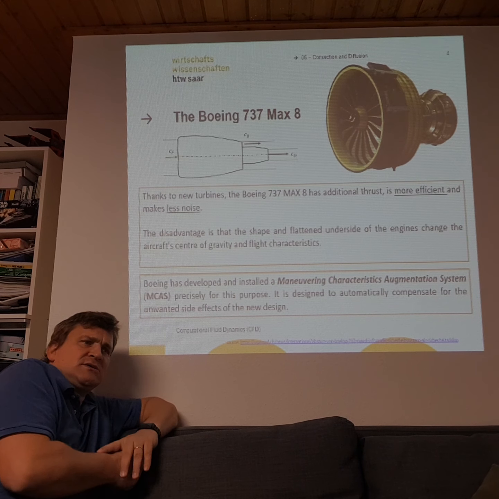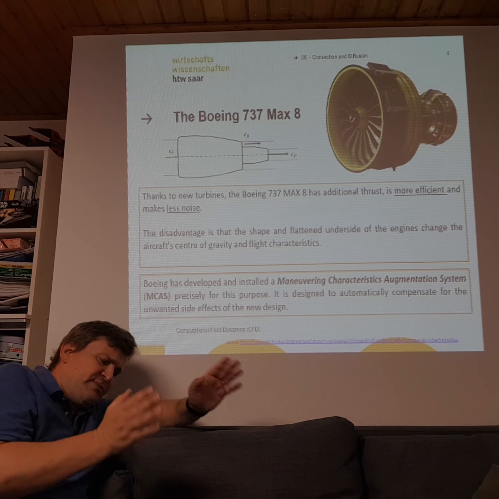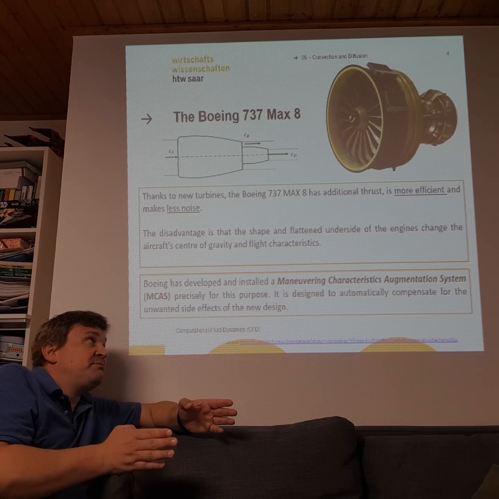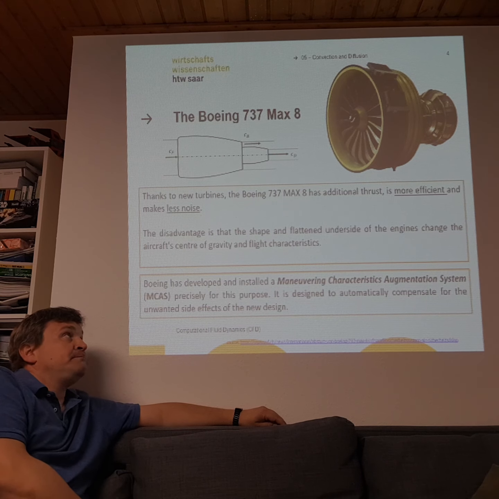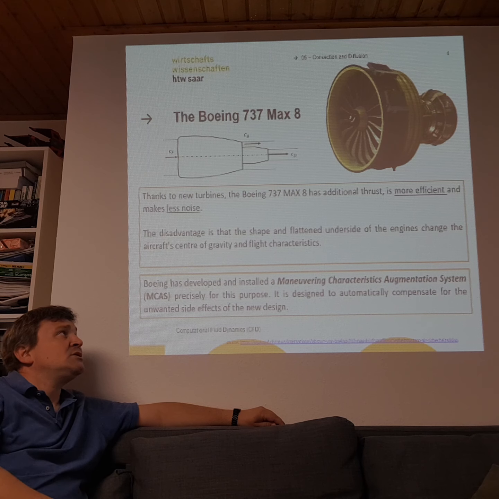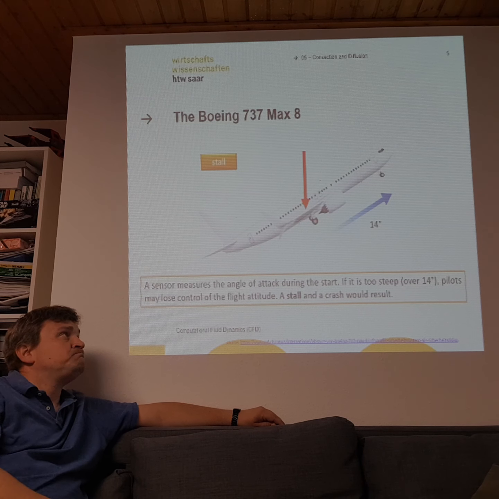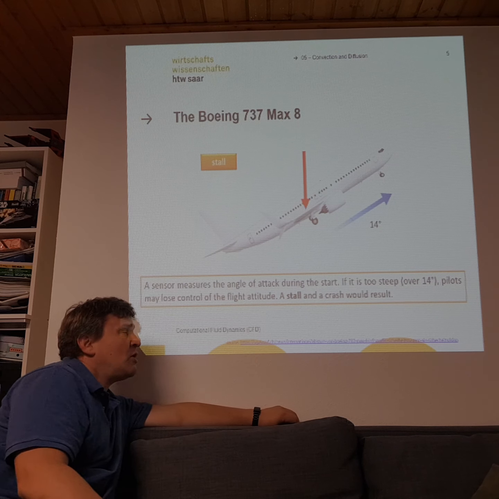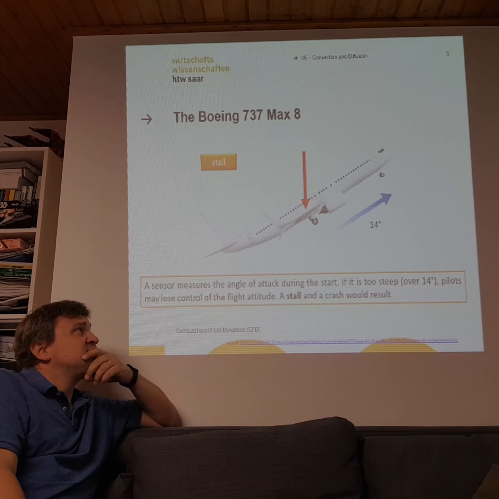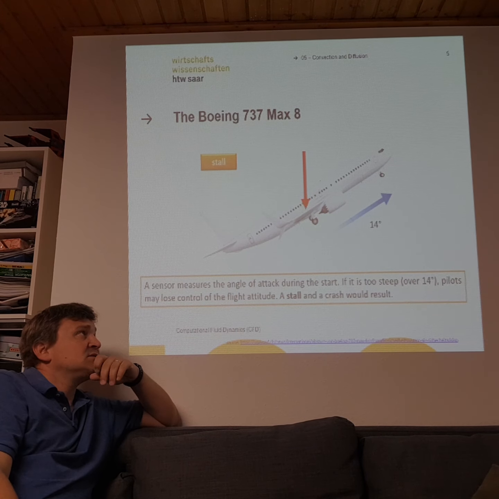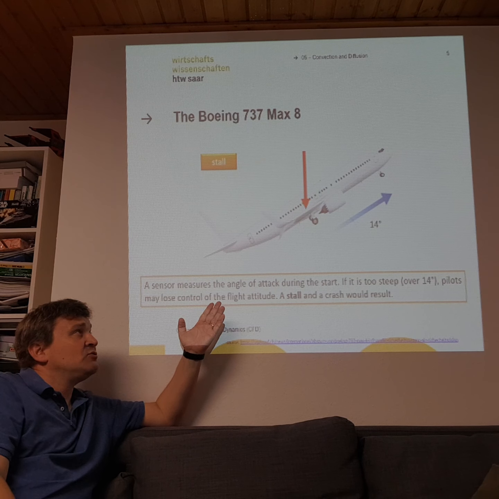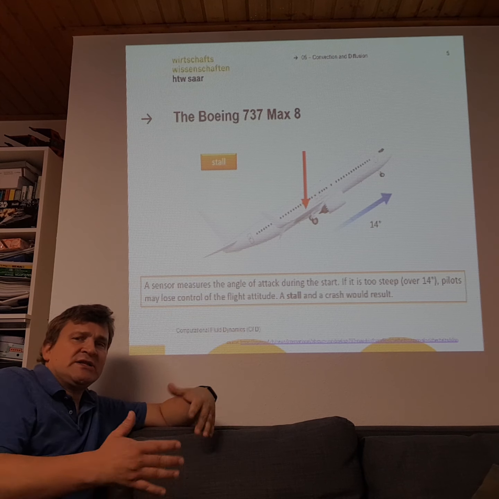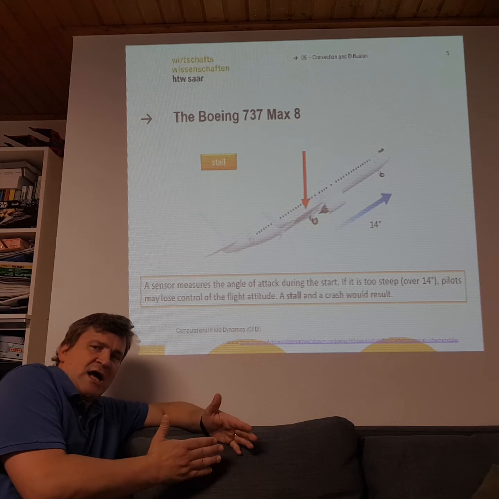But the disadvantage was that it has to be built a little bit bigger than normal turbines. So they had the problem with this 737 MAX that there was not enough space to put it directly under the wing.